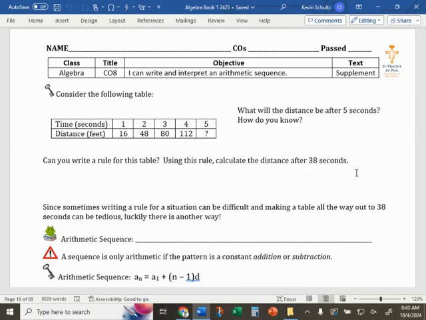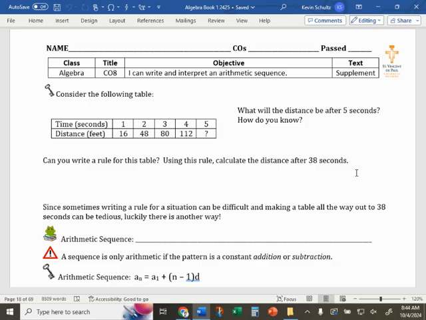The word arithmetic means to add and subtract. So when we talk about an arithmetic sequence, if you think about the word sequence, what sorts of things come to mind? Patterns, right? So an arithmetic sequence is a pattern involving addition or subtraction.